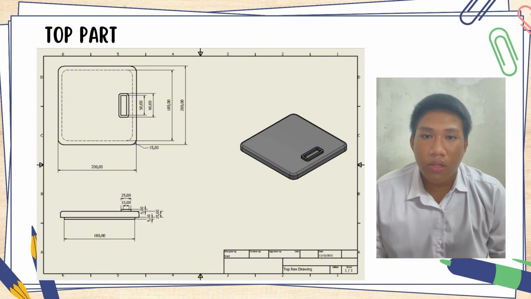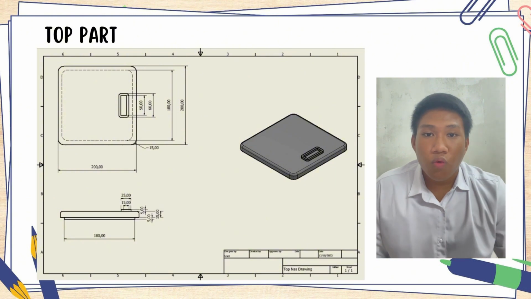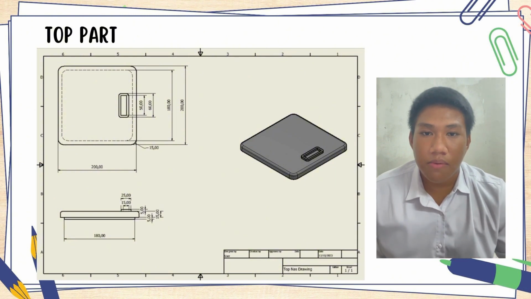At the bottom of the top part we make a 180 rectangle and extrude it 5 millimeter. Then at the top of the top part we make the rectangle for the screen of the washing machine.